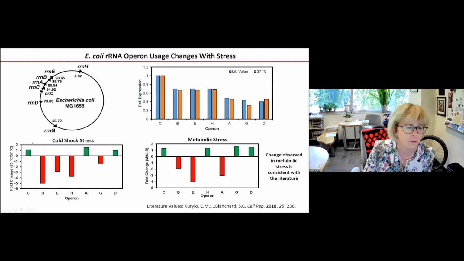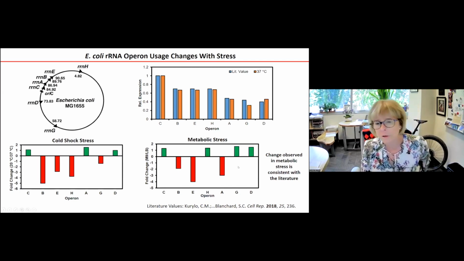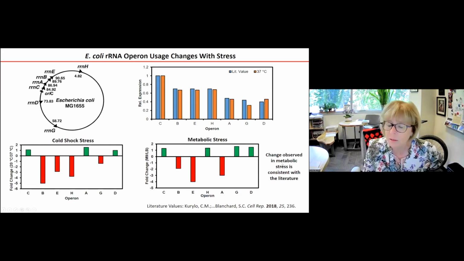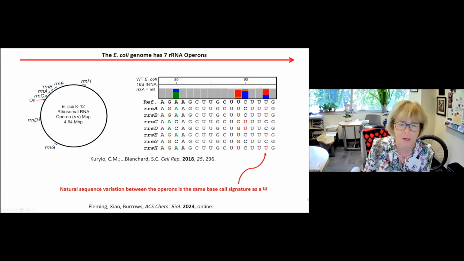And so what we found was that under cold shock stress, certain operons, B, E, and H, to some extent G, are not being expressed as much as C, A, and D. On the other hand, under metabolic stress is a little bit different pattern. And this, we found a nice report from Scott Blanchard's group where they have studied this in a different way. We are very happy to say our work is consistent with what they published a few years back.